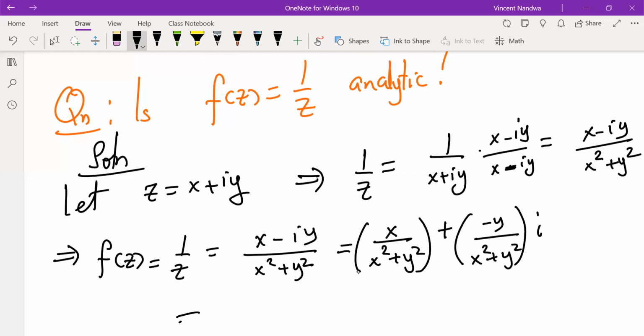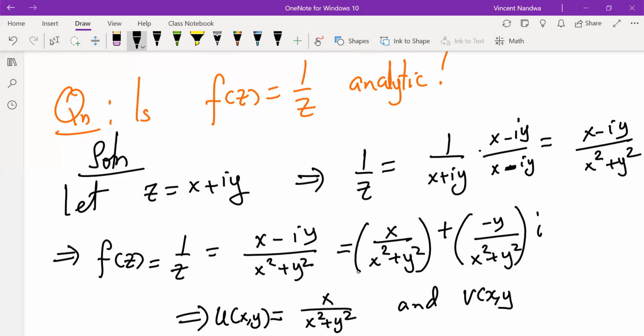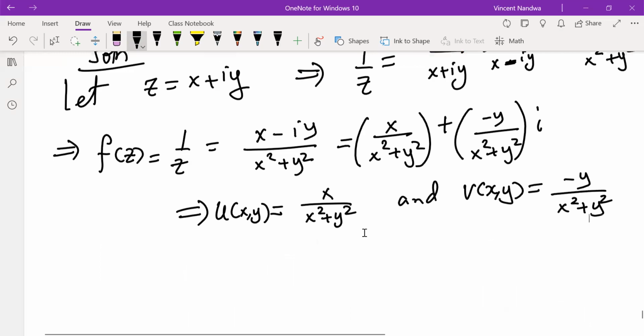So that u of xy is x over x squared plus y squared, and the imaginary part v of xy is negative y over x squared plus y squared. So then now, to test the analyticity of the function, we have to show whether the function satisfies the Cauchy-Riemann equations.